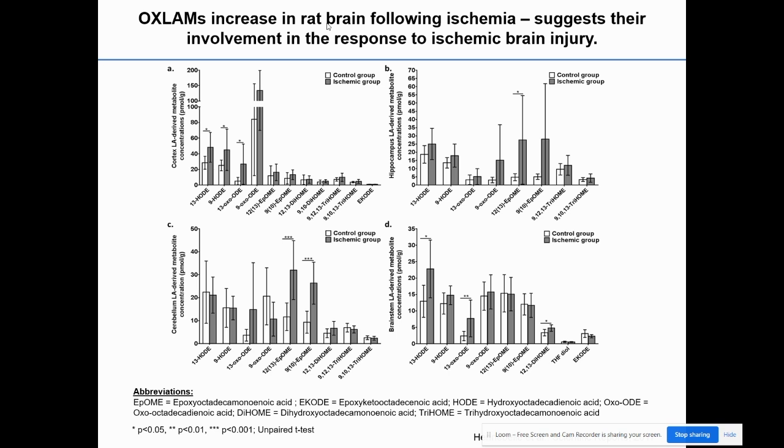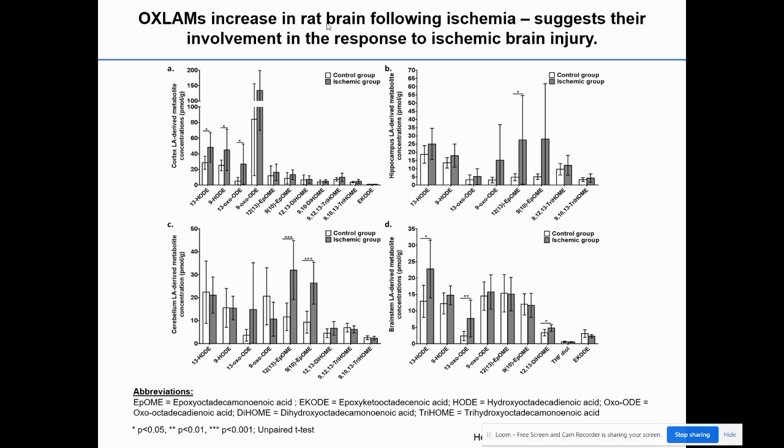We followed these studies with in vivo studies, so in the animals themselves. We wanted to know whether they are involved in regulating the response to ischemic brain injury. Ischemia is an excitotoxic state, and it occurs, for example, after an ischemic stroke, and it's very damaging to the brain.